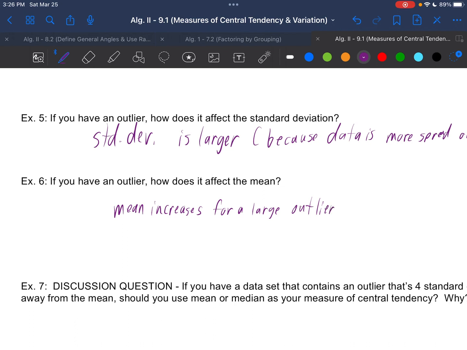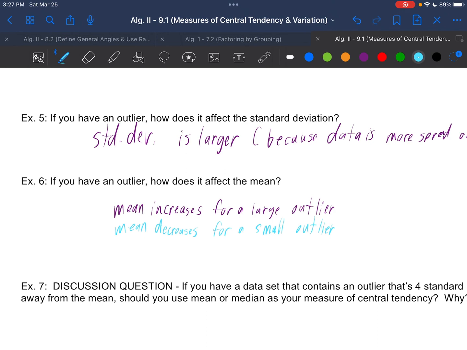But we can have outliers that are small. What would the mean do for a small outlier? Well, it would do the exact opposite. It would decrease, because it would make the numbers appear much smaller than they actually are.